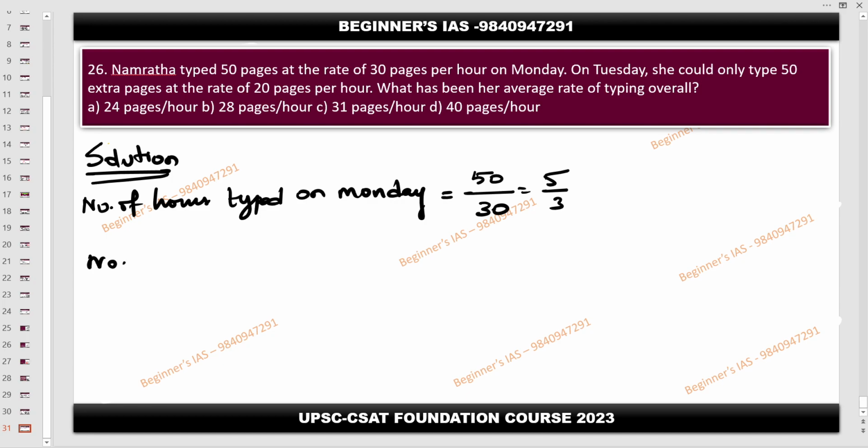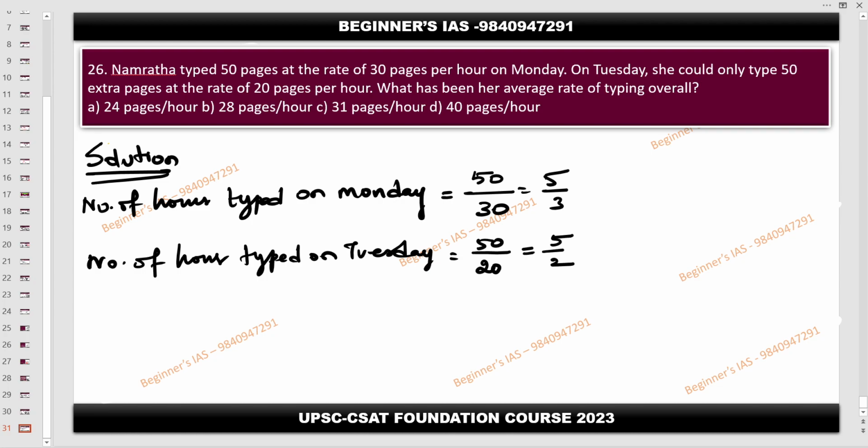Then the number of hours typed on Tuesday is equal to the same 50 pages, but here 20 pages per hour. Therefore 5 by 2. Find out the total hours of typing over the 2 days. Total hours of typing is equal to 5 by 3 plus 5 by 2.